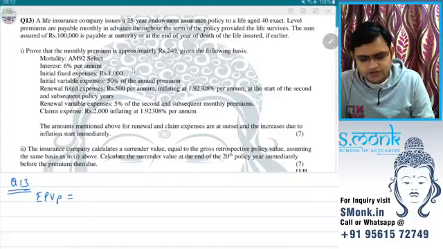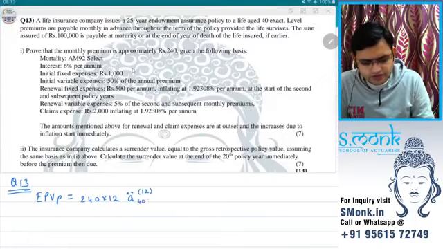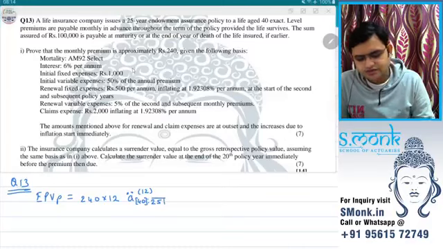So we will take 240 into 12, a due, payable 12 times, for age 40, select, and for 25 years. This is what our premium is going to be.